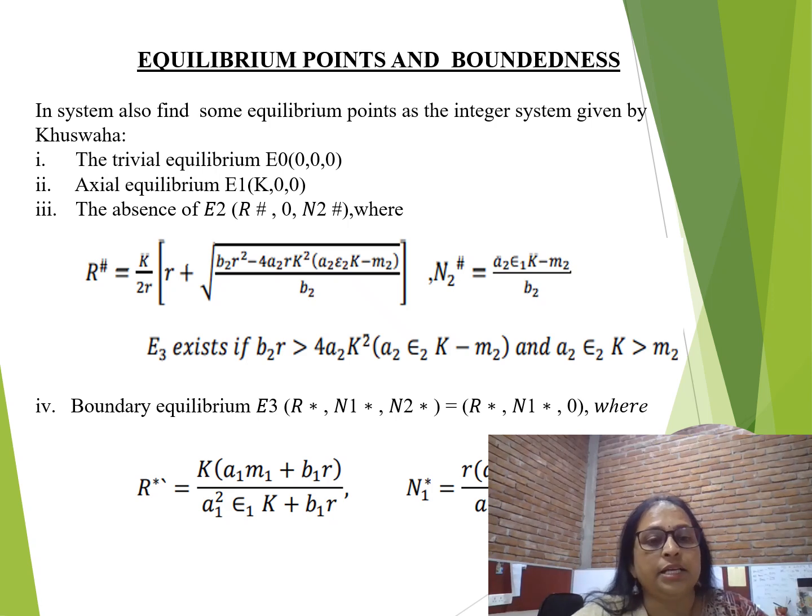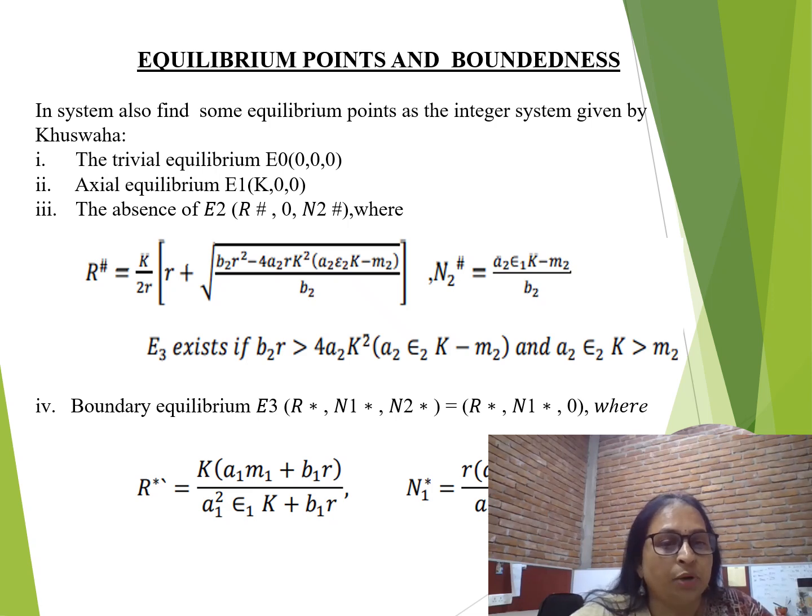E3 exists if this condition holds: b2 R to then 4 a2 K square into a2 epsilon 2 K minus m2, and a2 epsilon K is greater than m2.